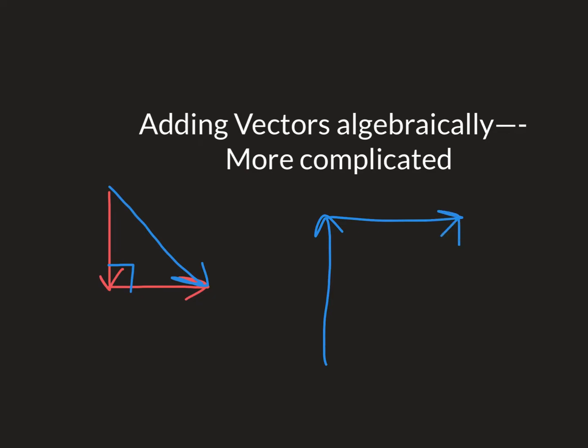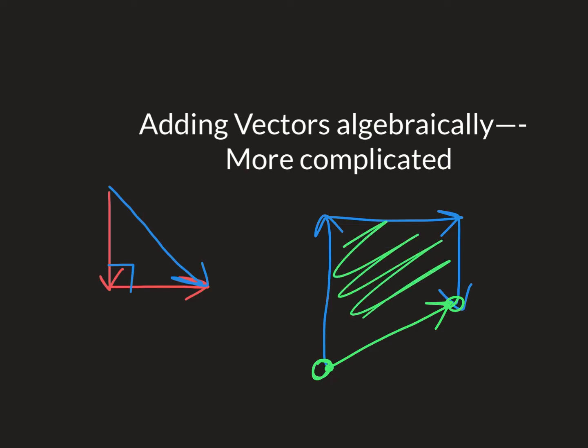Notice head to tail. That doesn't form a right triangle, does it? And then our resultant goes from where we started to where we ended, and we end up with something like that. And this shape right here is not a right triangle, but that shape right there is.